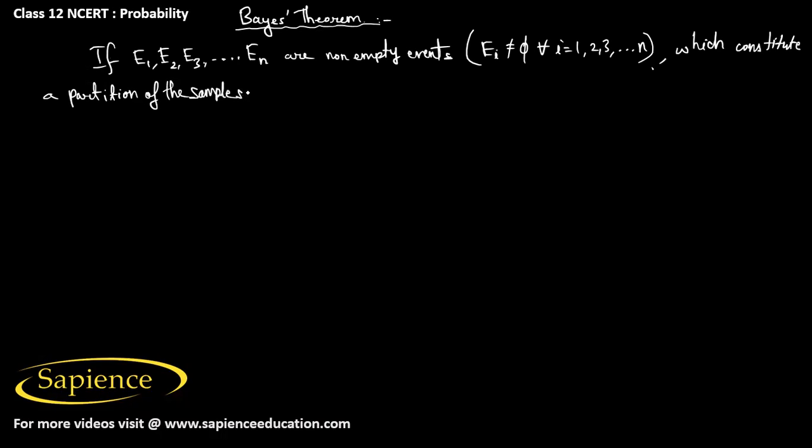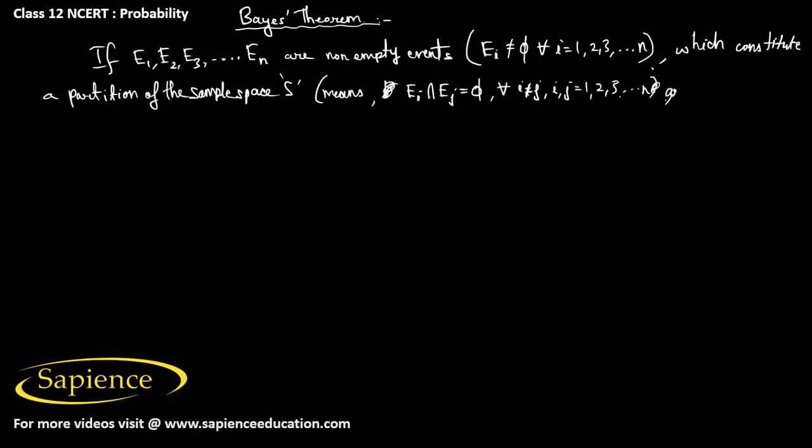A partition of the sample space S. It means that they should be pairwise disjoint. It means, as we have told already, that Ei intersection Ej should be equal to phi for all i not equal to j, where i, j are 1, 2, 3 till n.